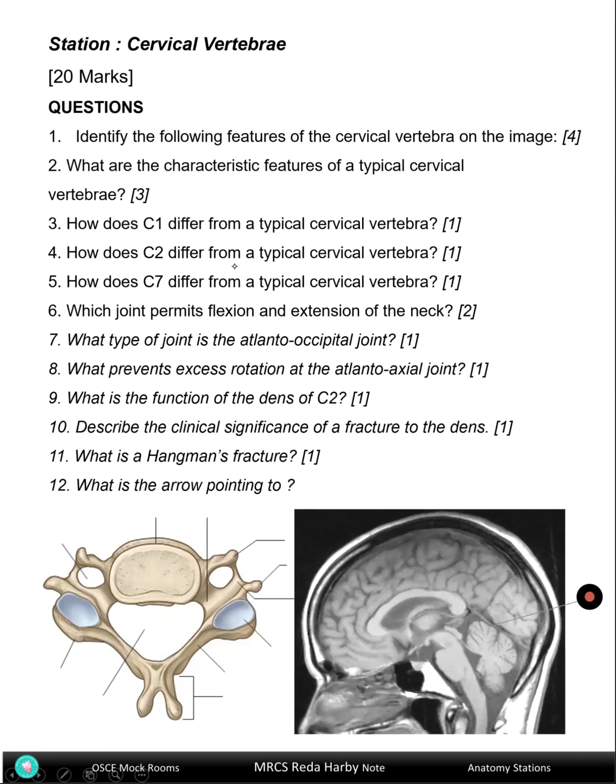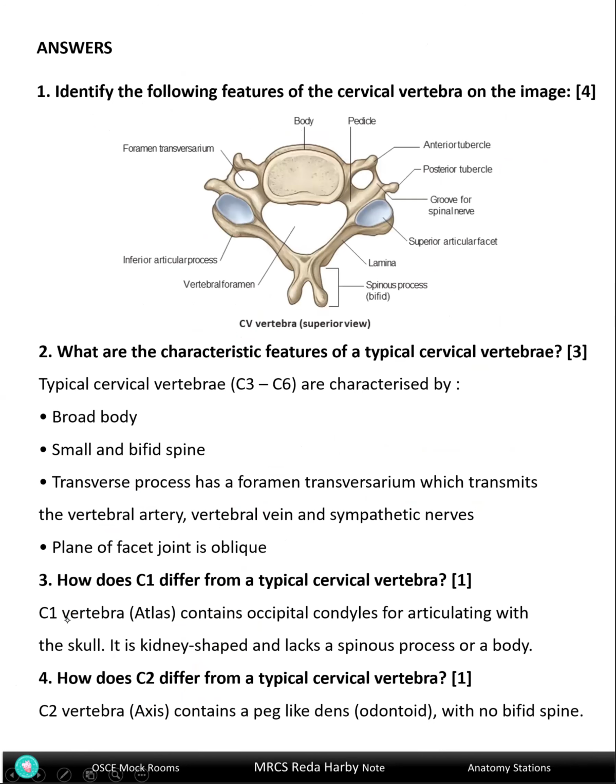Just to revise, how does C1, the atlas, differ from the typical cervical vertebra? C1 atlas has occipital condyles for articulation with the occiput of the skull and a wide kidney-shaped vertebral foramen without any spinous process or any body. No body, no spinous process, large kidney-shaped vertebral foramen, and occipital condyles. This is C1, the atlas.